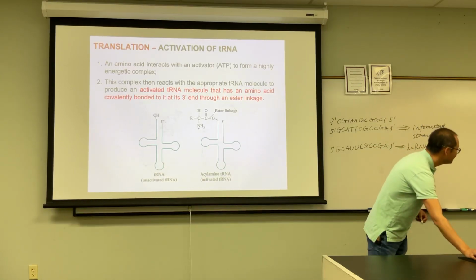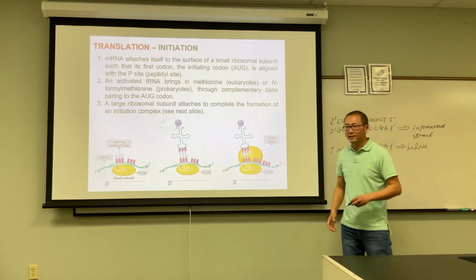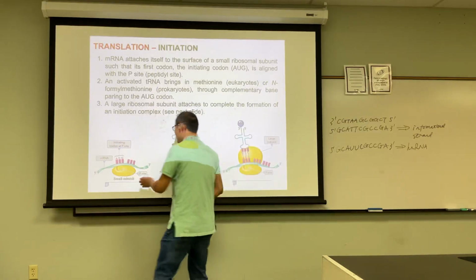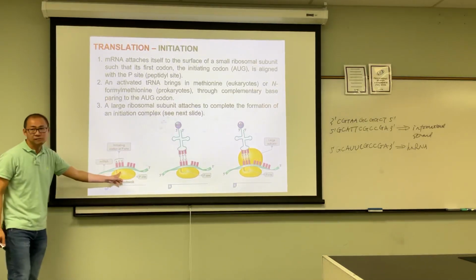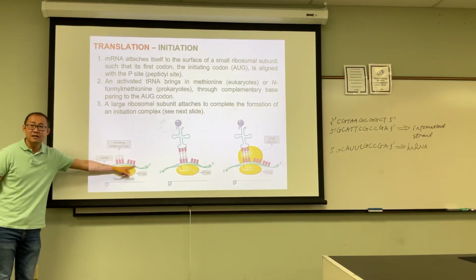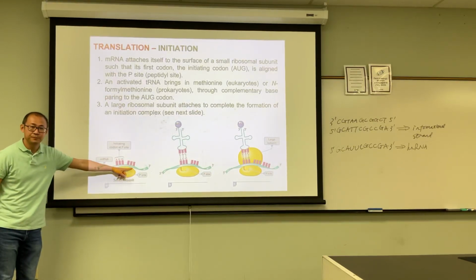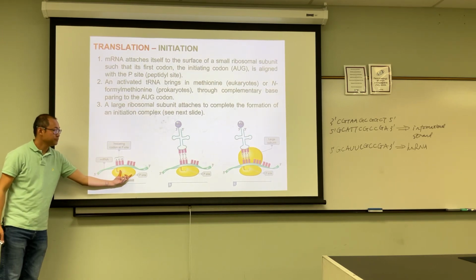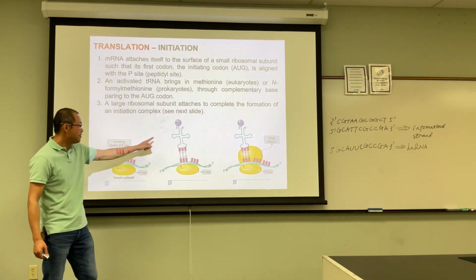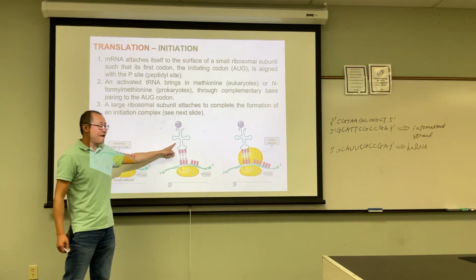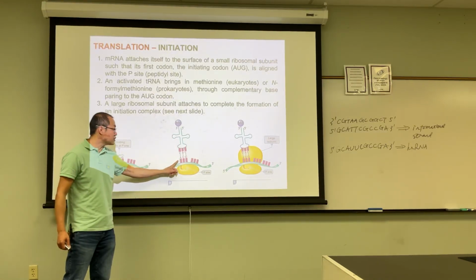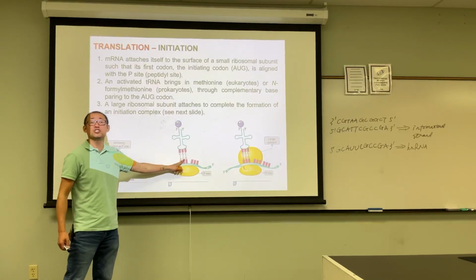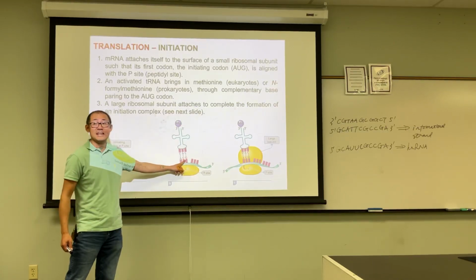So let's take a look. First, like the video shows, the small unit binds to the messenger RNA. Of course, 2 sites, only two codons. And after that, the first transfer RNA comes in. The first codon is usually AUG. It's the initial codon.